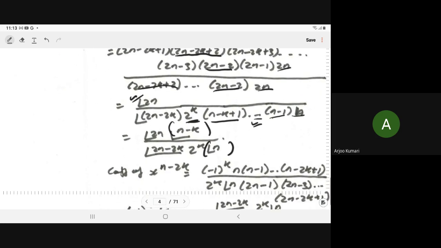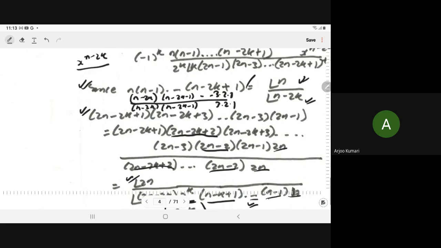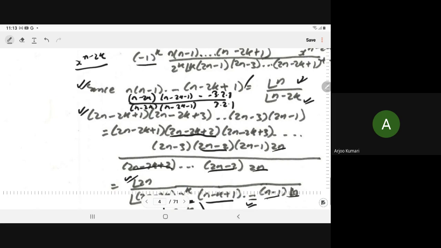So when we substitute the coefficient of x to the power n minus 2k, what is it? (-1)^k, n(n-1)...(n-2k+1).